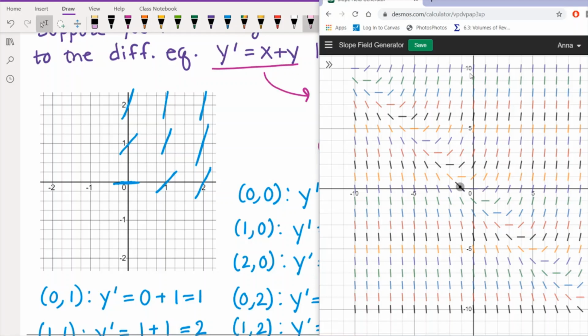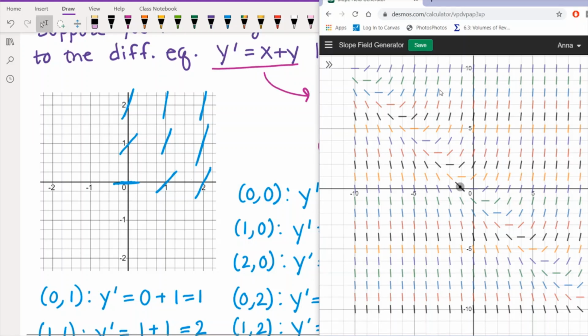So how do we interpret this picture? Basically, there are many, many solutions to every differential equation. I don't want you to think that one curve goes through all of these slopes that we drew. What this is saying is that if you have a solution that passes through these points that we delineated, then that graph must have the given slope.